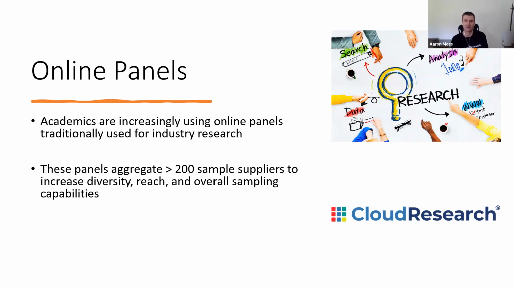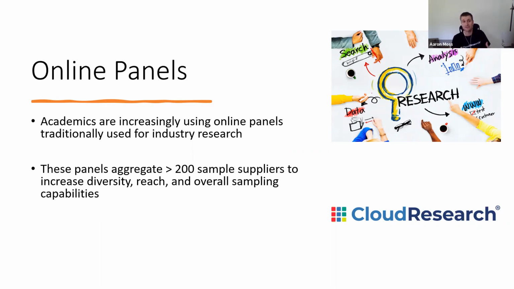So these online panels are actually not one source of participants, but they often aggregate together hundreds of different individual sample suppliers. And they do this to increase diversity. So just at a baseline level, you end up with a population of people that better represent the demographics of, say, the United States than smaller crowdsourced platforms.